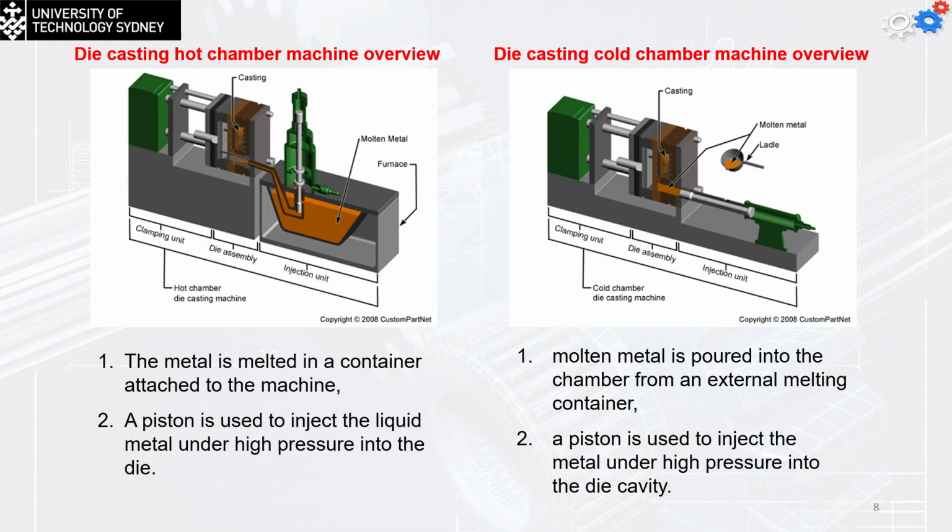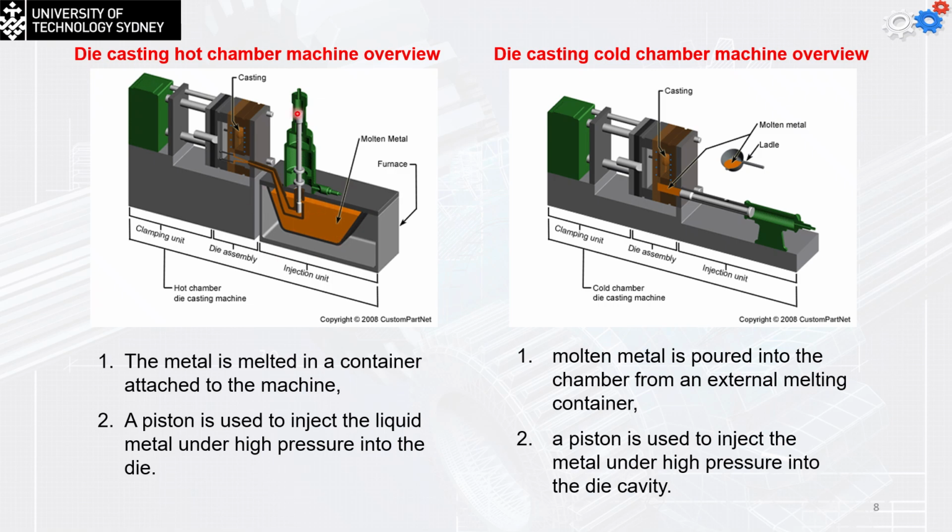Die casting has two different types of chamber machines: the die casting hot chamber machine and the die casting cold chamber machine. You can see the difference between them. In the hot chamber, let me use the laser, you can see that the die is directly connected to the molten metal chamber.